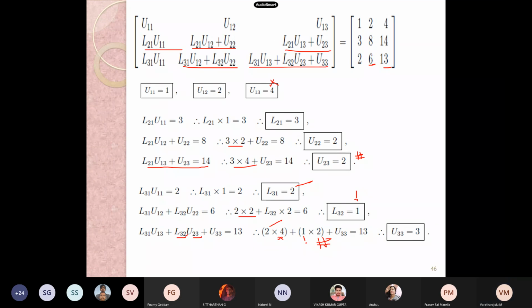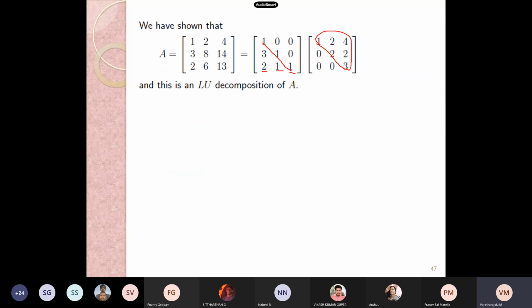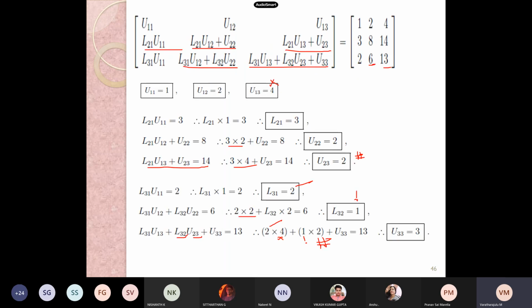Yes, sir. Now tell me whether U11 is equal to 1. Yes, sir. What was our U12? 2, sir. Don't look at the matrix and tell; tell from the above calculations.